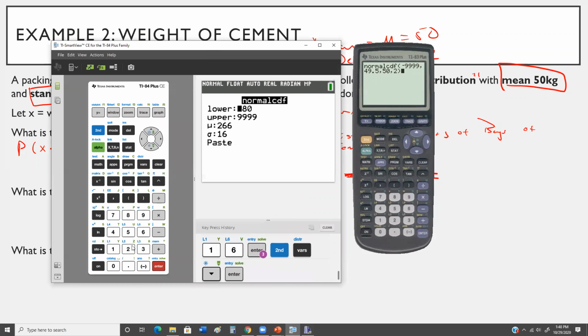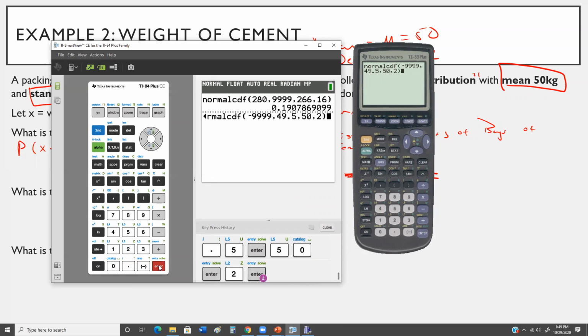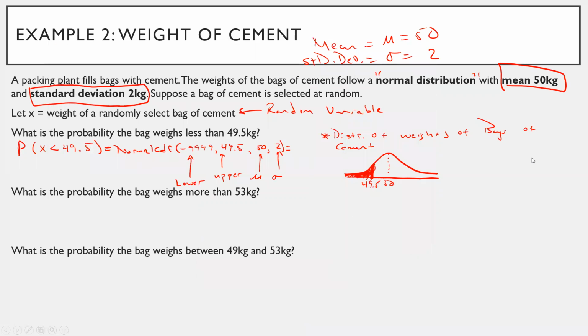Normal CDF, negative 99999, 49.5, 50, 2. How many people got this answer? 0.4013 when I round it. Awesome.